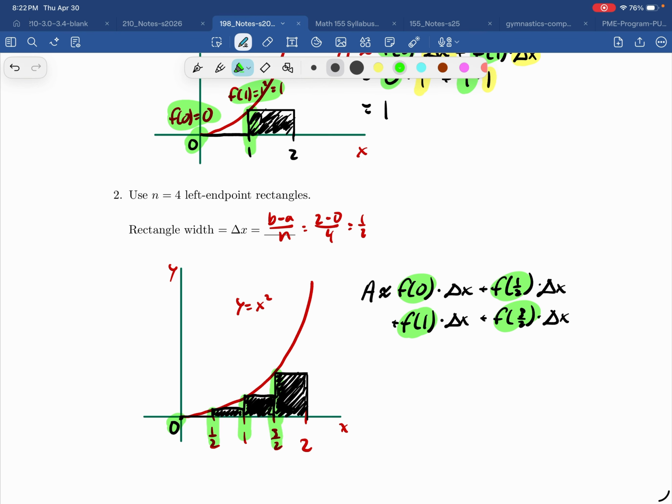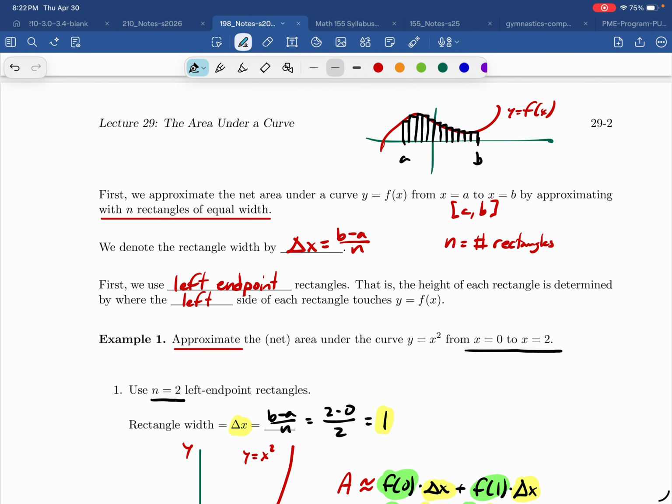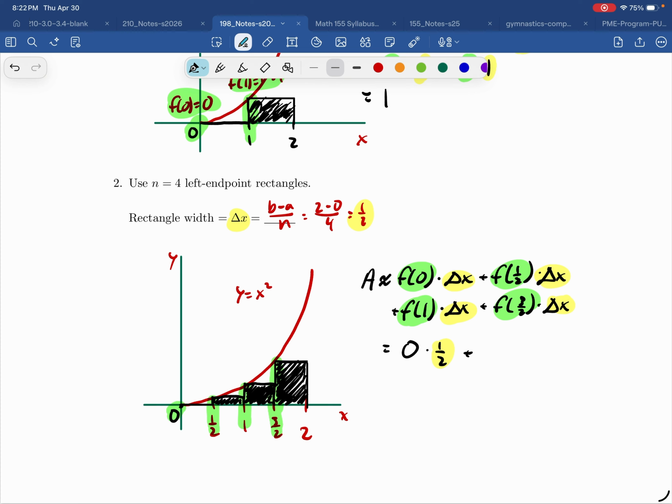Okay. Now, what is this going to equal? Well, the approximation is still 0 times delta x, which we said was 1/2. That was this guy right here. Plus f of 1/2, which is 1/2 quantity squared times 1/2, plus 1 squared times 1/2, plus 3/2 squared times 1/2.